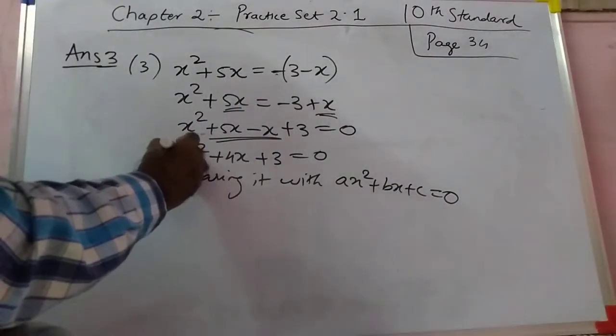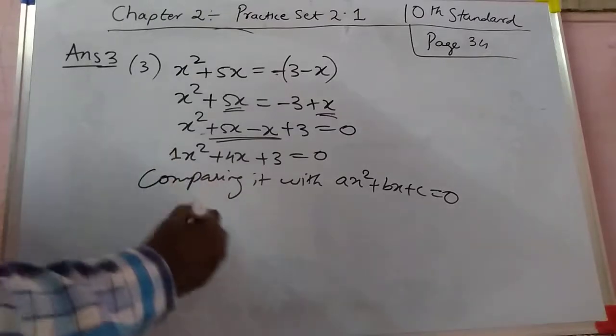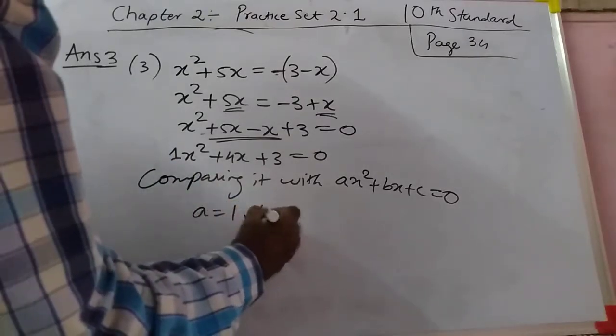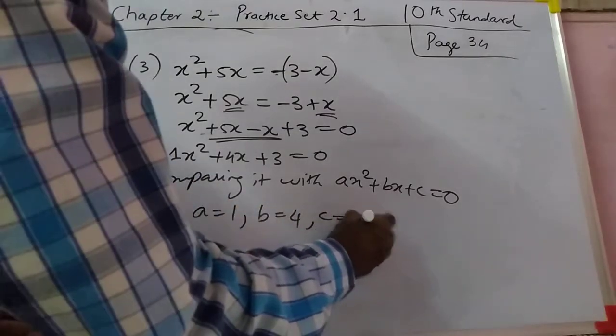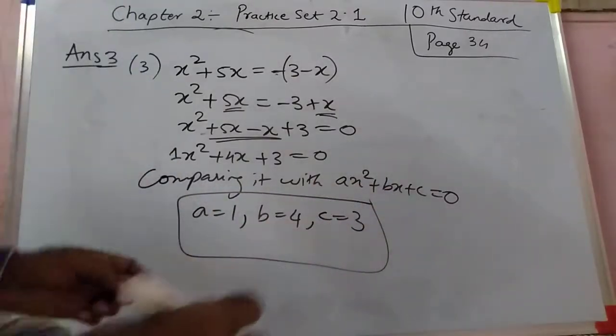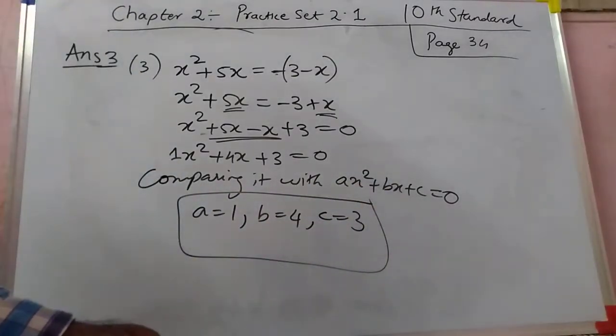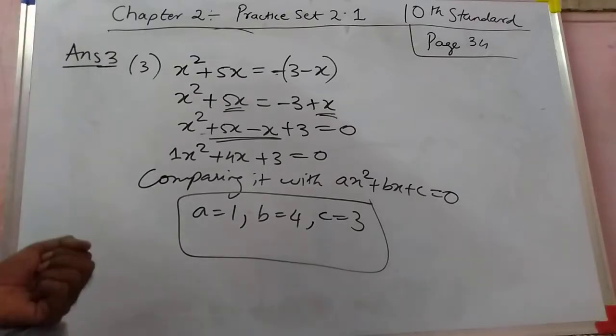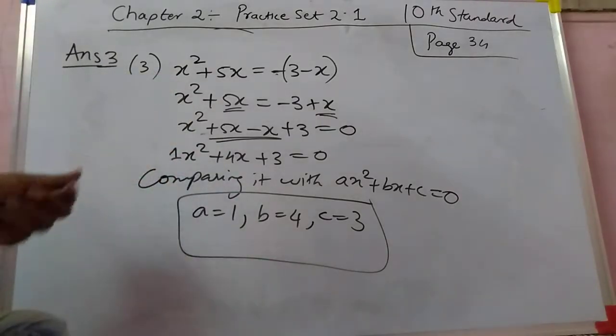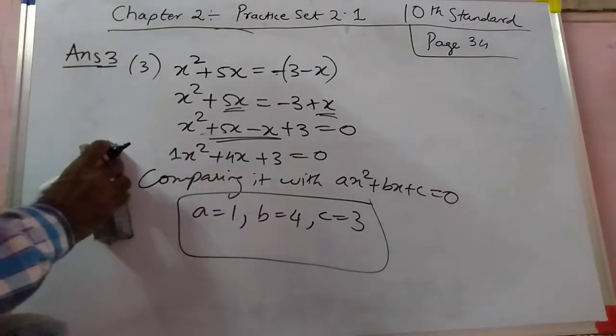So take a here 1, nothing is given means we will write 1. So a is equal to 1, b is equal to 4, c is equal to 3. Okay, in exam you write like this, don't omit steps.